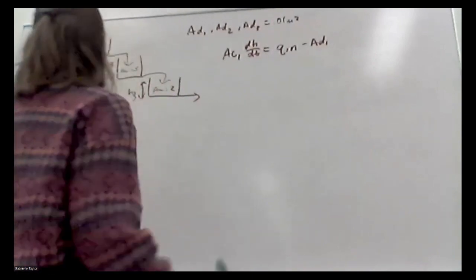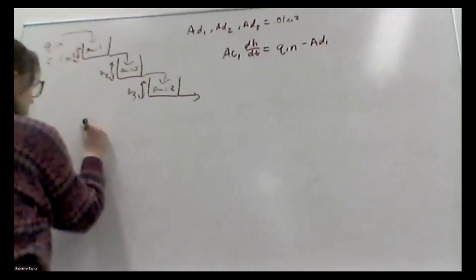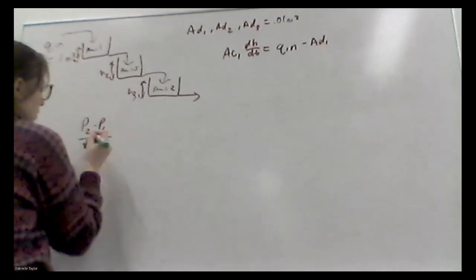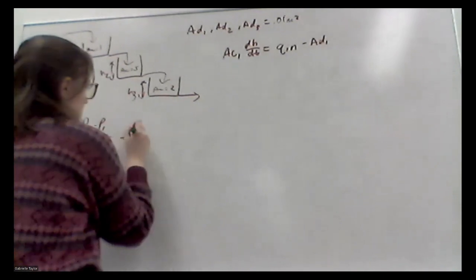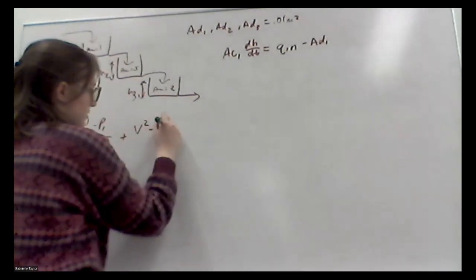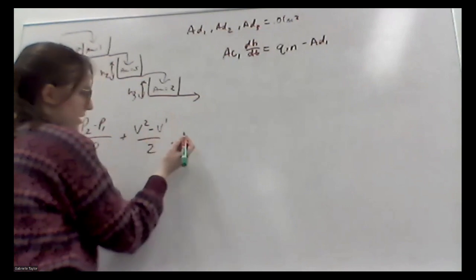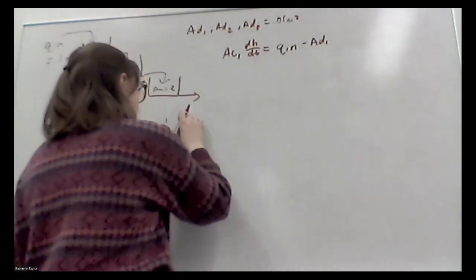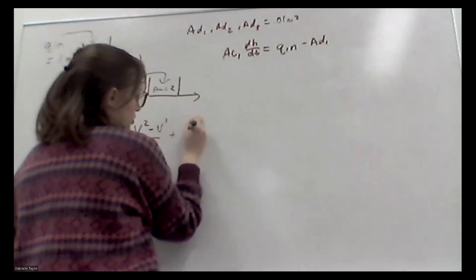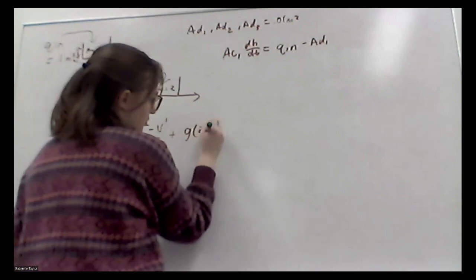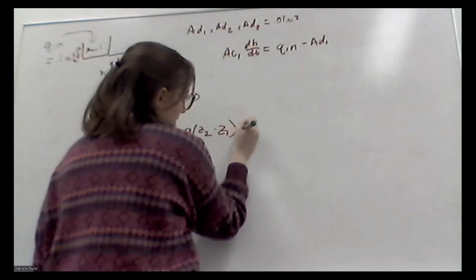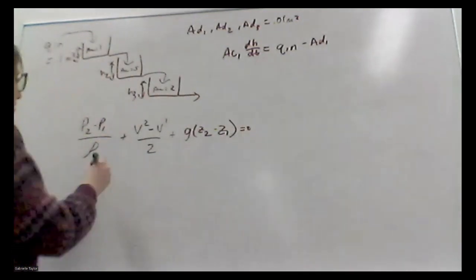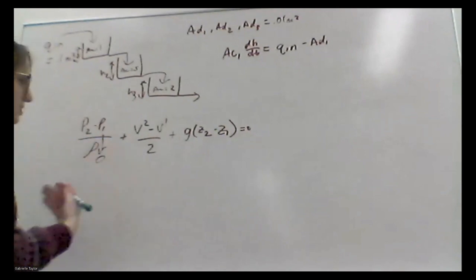Bernoulli's equation can tell us this. We have P2 minus P1 over the density, plus V2 squared minus V1 squared over 2, plus gravity G times Z2 minus Z1, equal to 0. The first thing we know is that there is no pressure change, so that term is equal to 0.